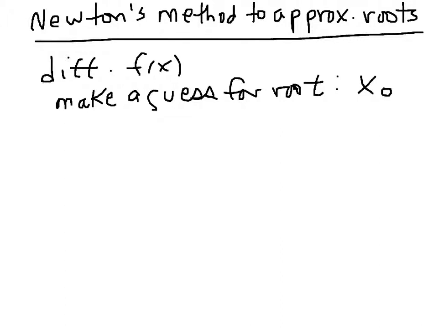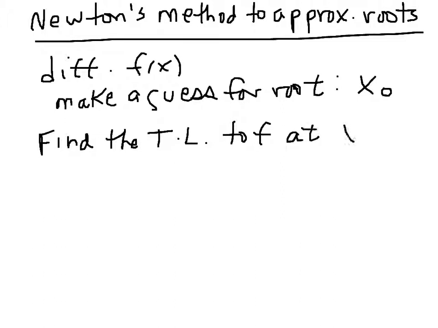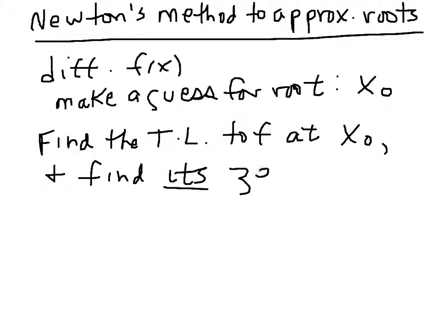Now the strategy behind this is we're going to find the tangent line to f at x sub naught and find its 0.